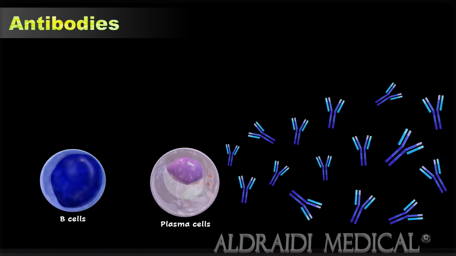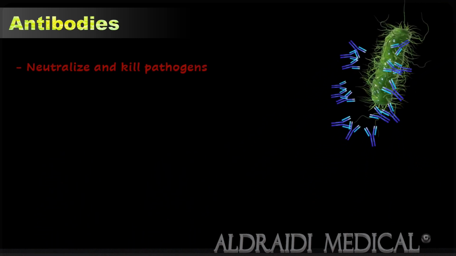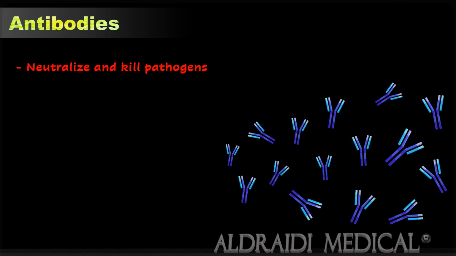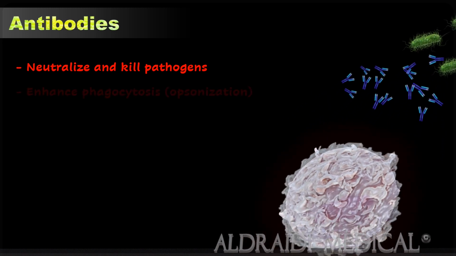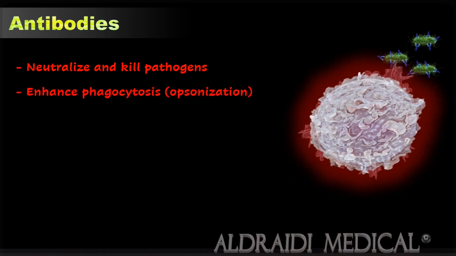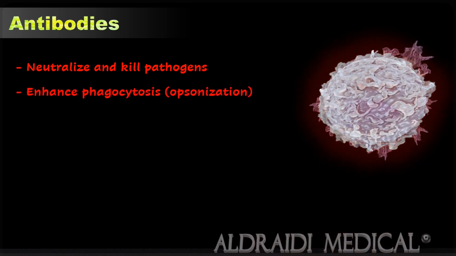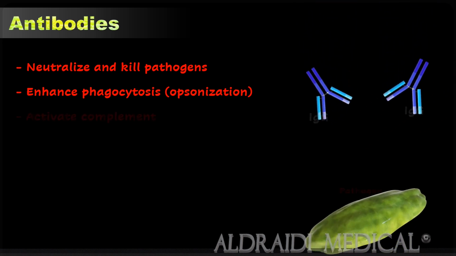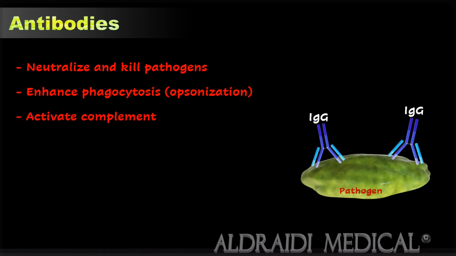Now, antibodies have 3 major roles in combating pathogens. Antibodies can neutralize and kill pathogens. Antibodies can also coat pathogens and target them for killing by our phagocytes. Antibodies can also activate the complement cascade.